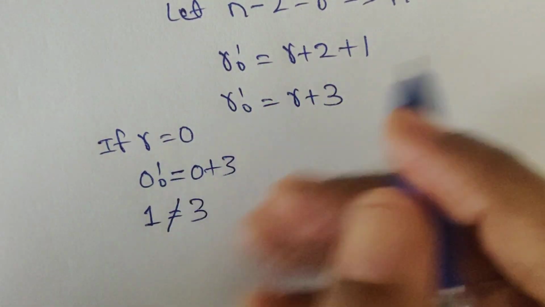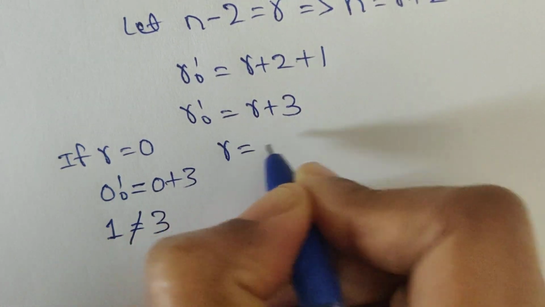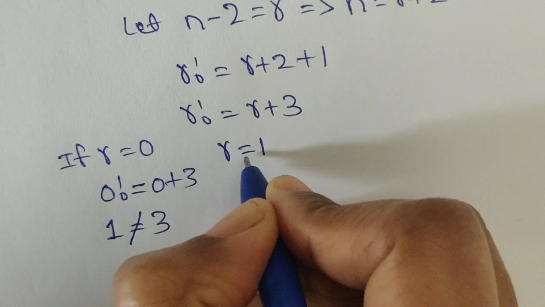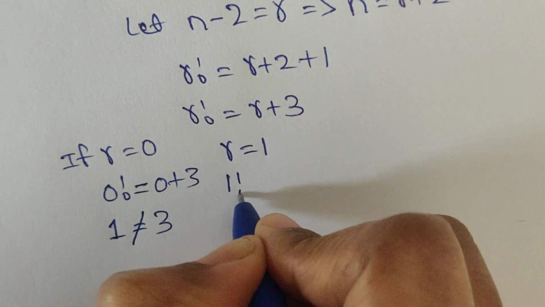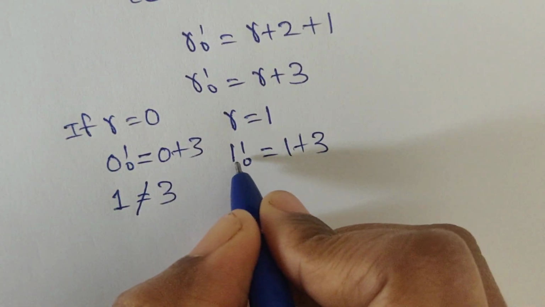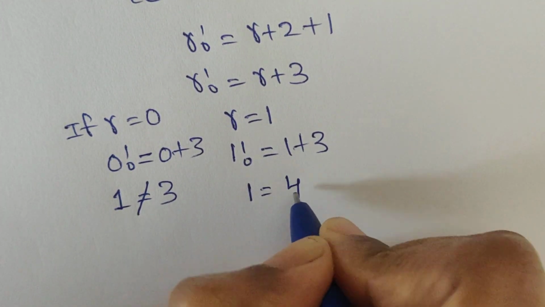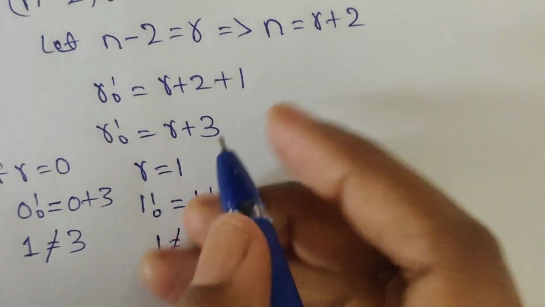So this is not the right answer. Next, if r equals 1, put this value in this equation, then it will be 1 factorial equal to 1 plus 3. So 1 factorial is equal to 1, and 1 plus 3 is equal to 4. So 1 is not equal to 4. So this is also not the right answer.